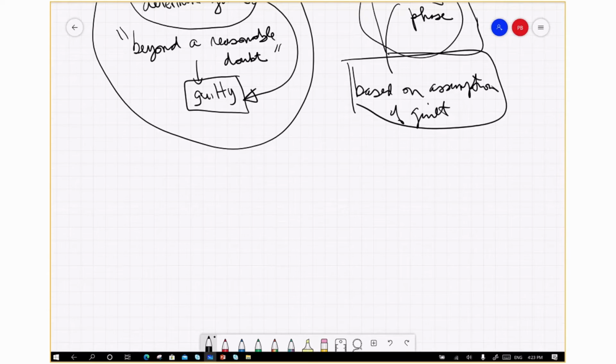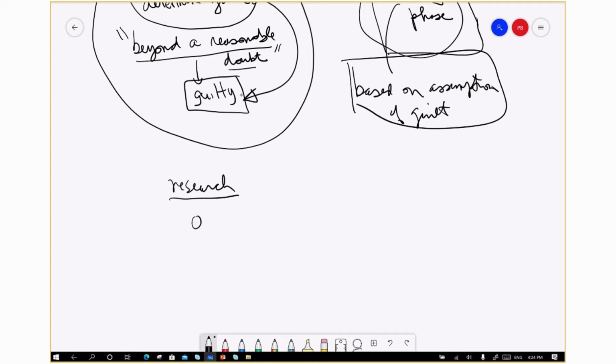So now when we think about statistics and research, the standard that we often use is not beyond a reasonable doubt, but rather alpha equal to 0.05. And that gives us a 95% confidence interval, which goes from 104 to 116.